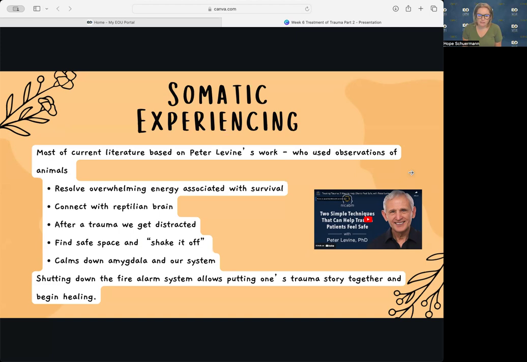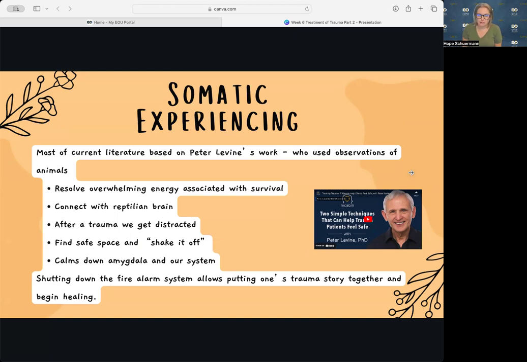So if you think of a gazelle that's being chased by a lion that gets away, what will often happen is that after the moment when the animal realizes that they've survived, they will tend to shake pretty severely until the body just releases all of that adrenaline and potential hormone flooding from the trauma.